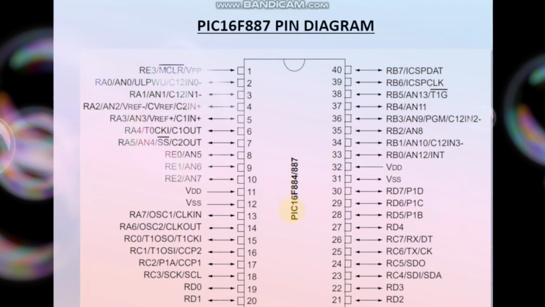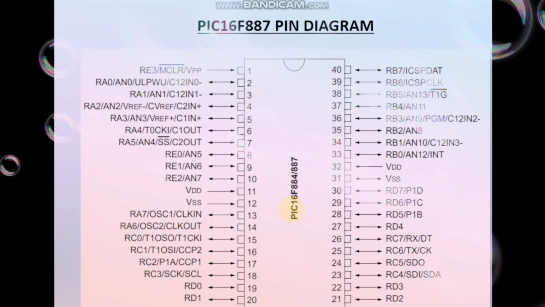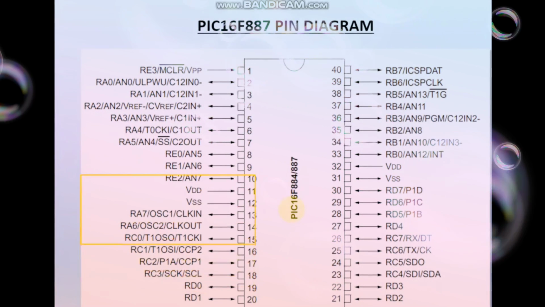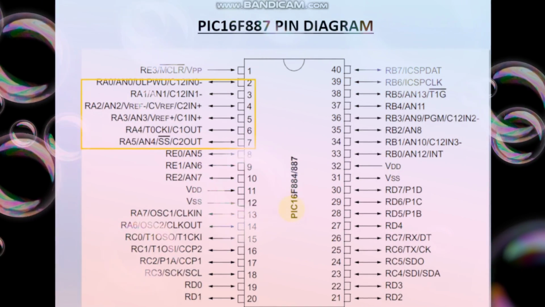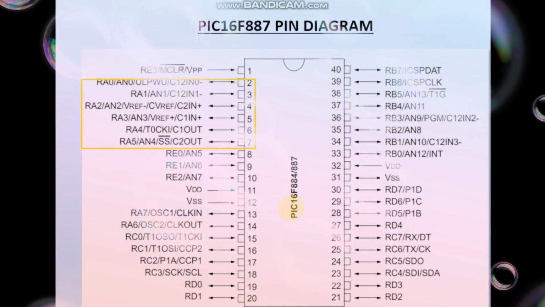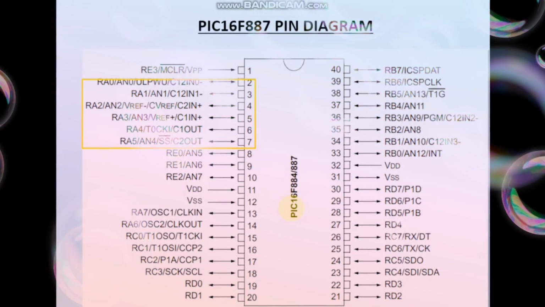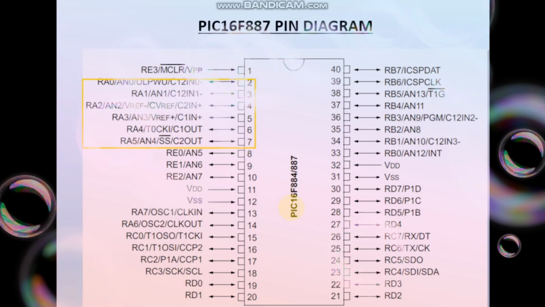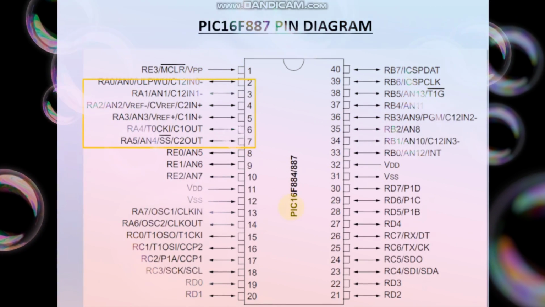Next, this is the pin configuration or pin diagram of PIC16F887. First let us see these pins. You can see here port A pins RA0, RA1, RA2, RA3, RA4 and RA5. Along with that, these pins can be used for multiple purposes.